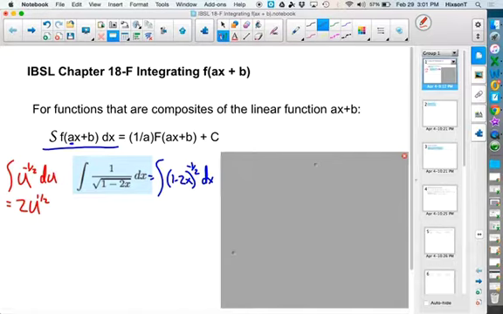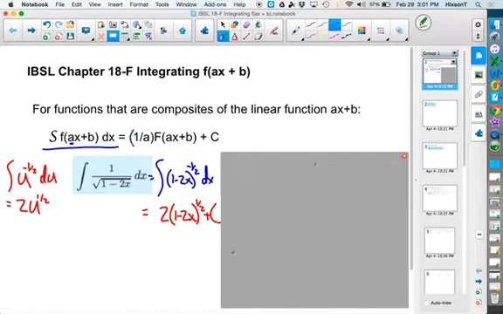You're going to plug in 1 minus 2x for u. Exactly. So here what I'm doing, I've got a 1 minus 2x in place of the u. So I have 2 times 1 minus 2x, now to the positive 1/2 power. I've got the plus c here.